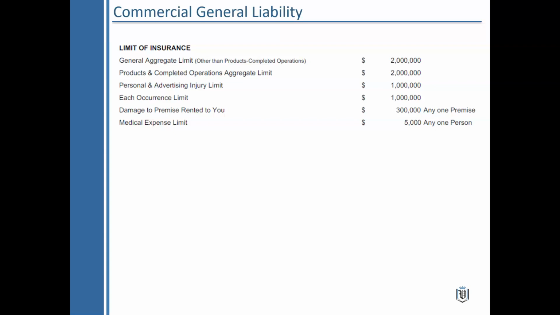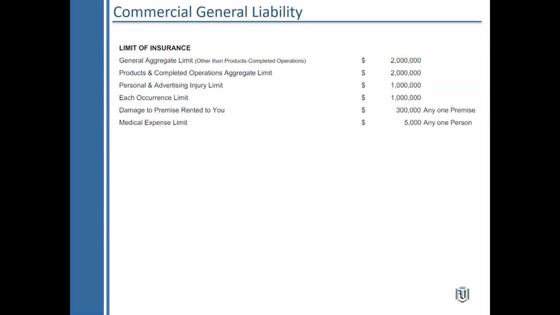So every time you have a claim, if I had a $500,000 claim, it reduces your aggregate limit by $500,000. So now you only have $1.5 million in aggregate limit. Okay, so that's kind of how that works. And this is across the board, whether you're with Flip or somebody else, whether you're a kitchen or a food prep, these liability limits act the same.